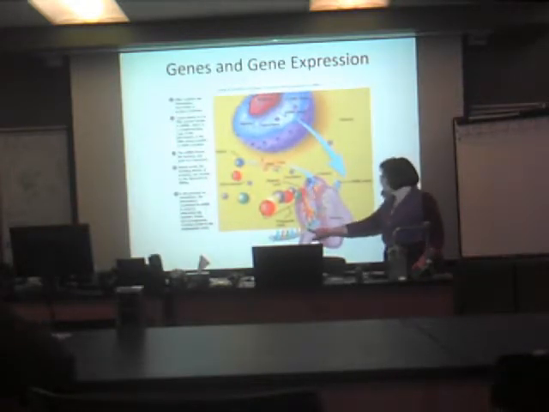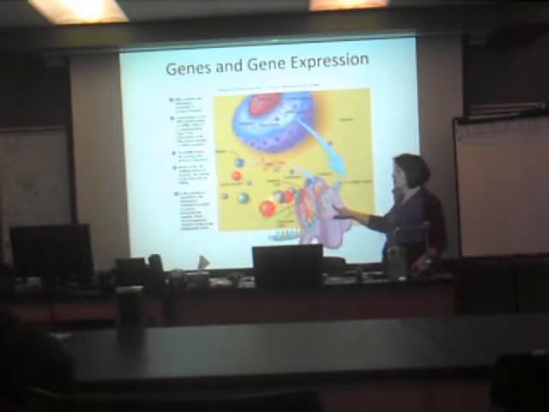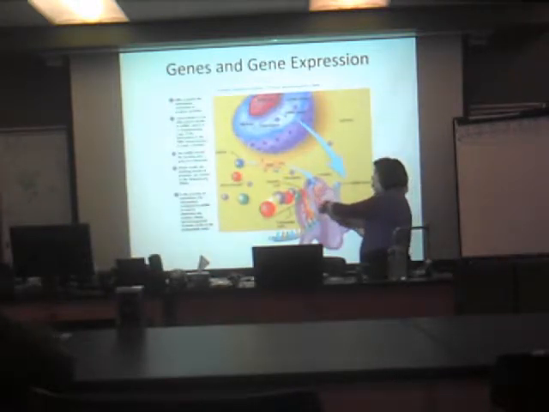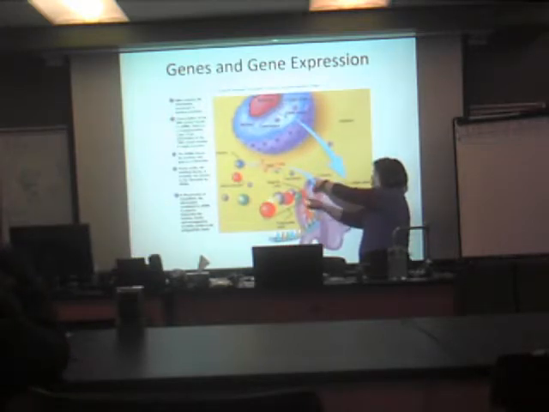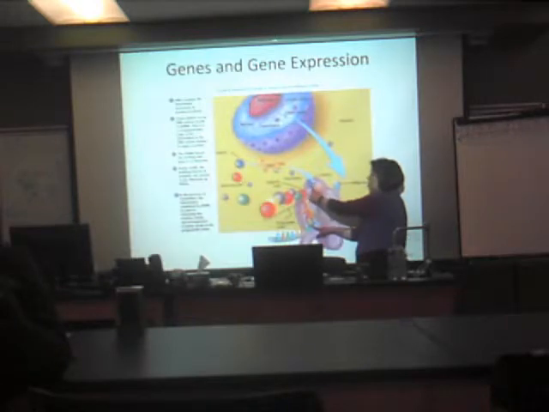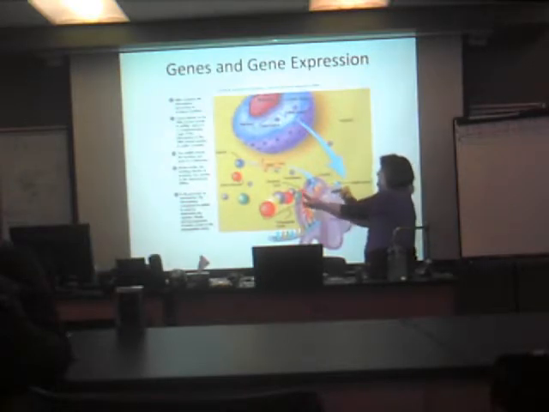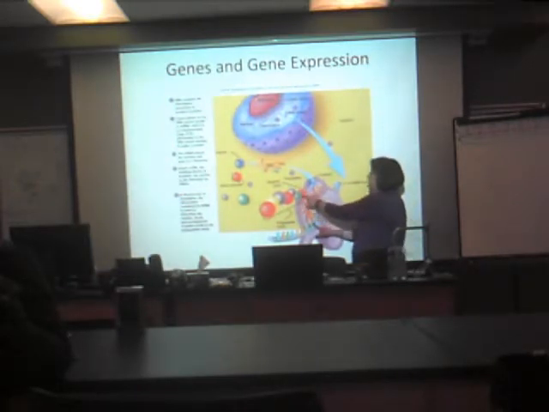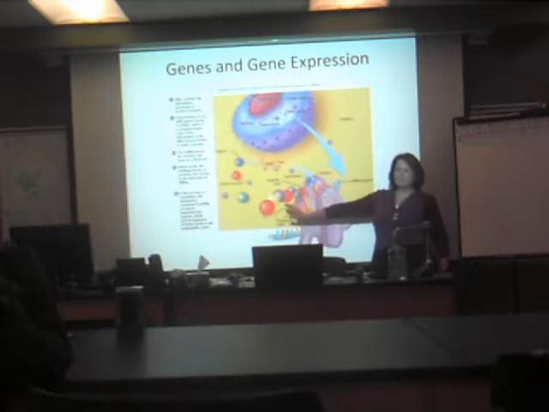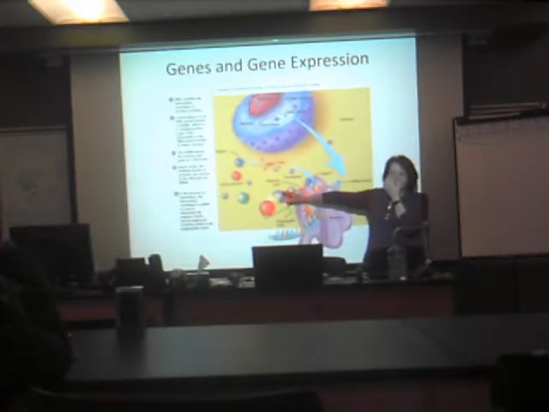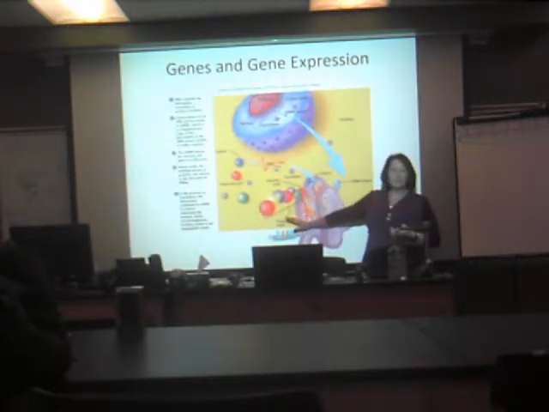So as the messenger RNA strand moves through, a tRNA docks, matches up to it, and brings its amino acid. The second one does the same thing, a bond gets created, this one moves out of the way, the next one shifts in and drops in, bringing its amino acid, and it continues to do this for the entire strand of the messenger RNA.